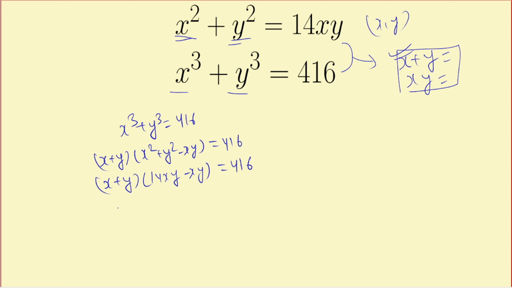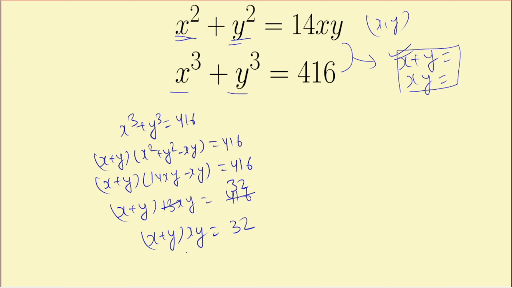Okay, so here we have (x plus y) into 13xy equal to 416. We can cancel this: 13 times 3 is 39, and the remainder is 2, 32. So here we get (x plus y) into xy equal to 32.